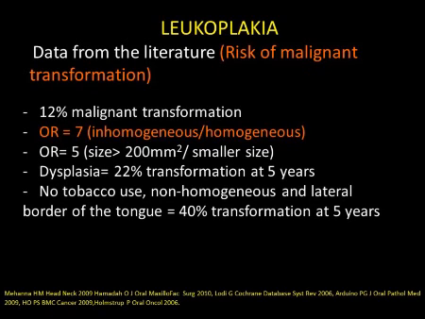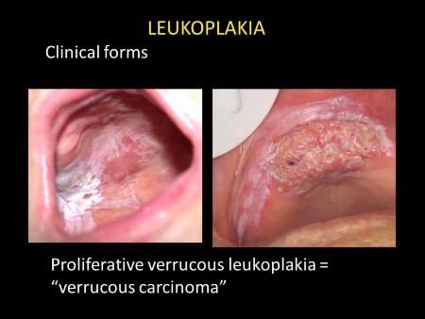Leukoplakias associated with an absence of smoking, a non-homogeneous character, and a site on the lateral border of the tongue have a higher risk of malignant transformation. There are clinical forms of leukoplakia that are extremely unfavorable. In particular, proliferative verrucous leukoplakia, also called verrucous carcinoma, which manifests as a multifocal leukoplakia or as very hypertrophic forms.